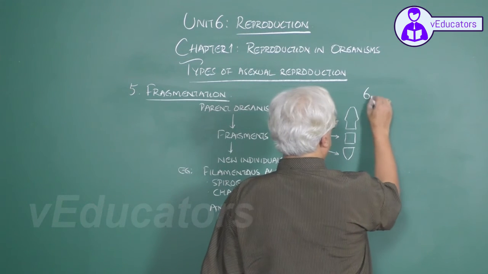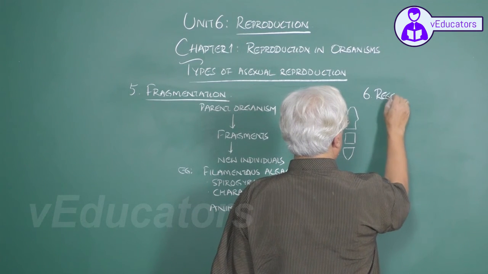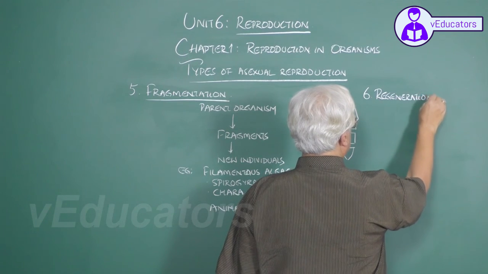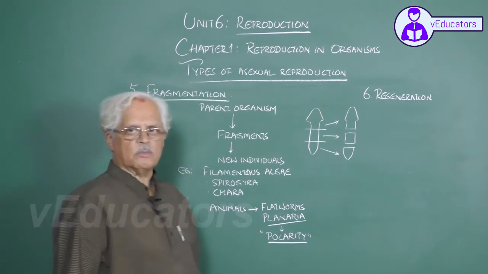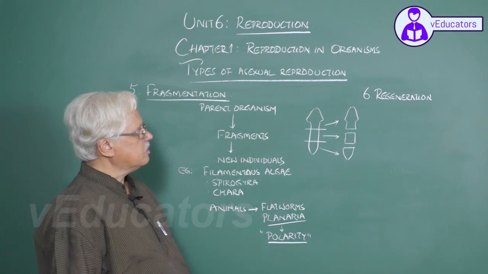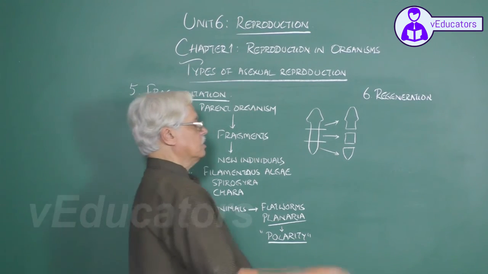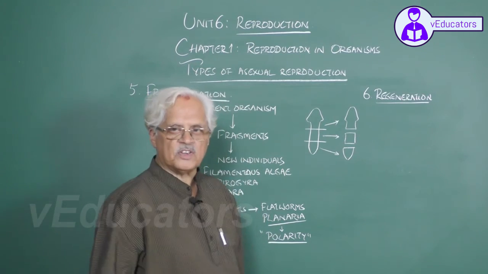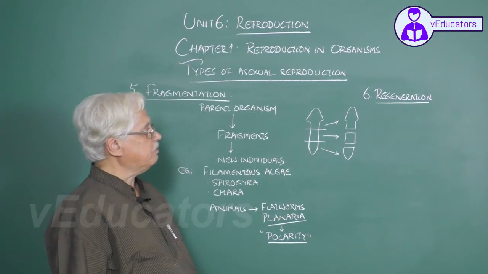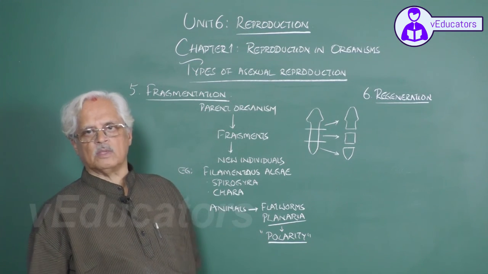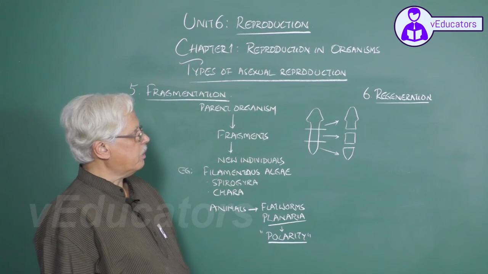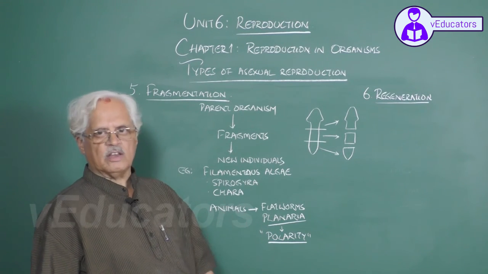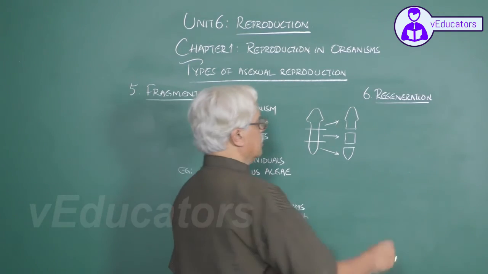Another example of asexual reproduction is a process called regeneration. Generally, regeneration is defined as the capacity of an organism to develop the lost parts of the body. Parts may be lost during a fight, or accidentally, or by any other means.